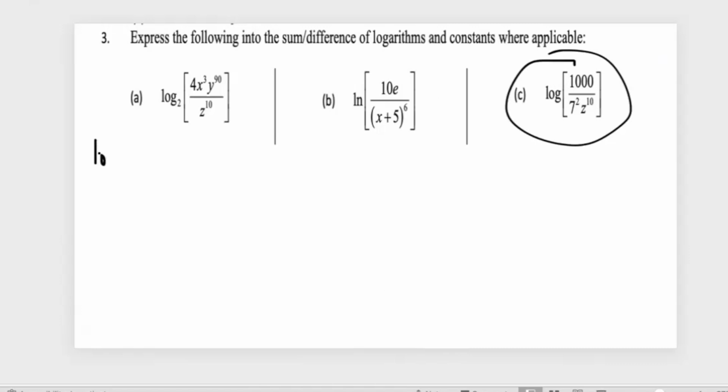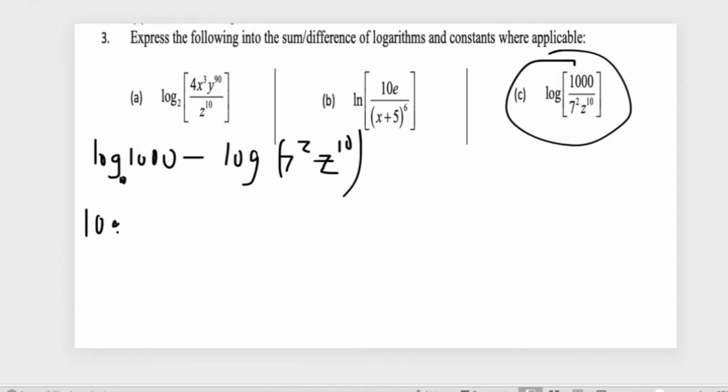Remember, log means the base is 10. So we have log 1000 minus log 7 squared z to the 10. For the 1000, because you know there's a base 10, we are going to change 1000 to 10 cubed. So we have log 10 cubed.